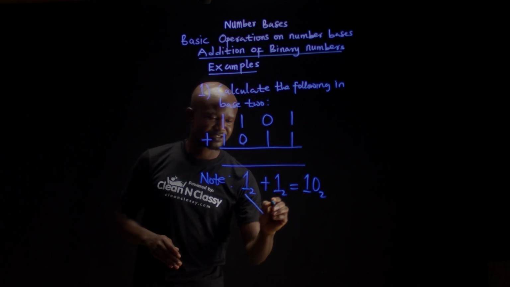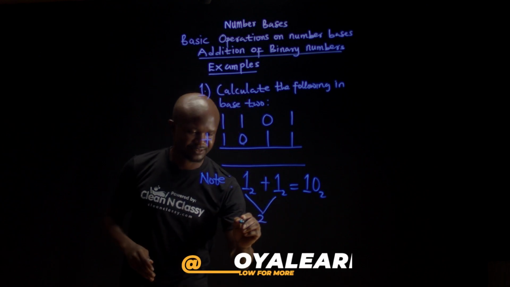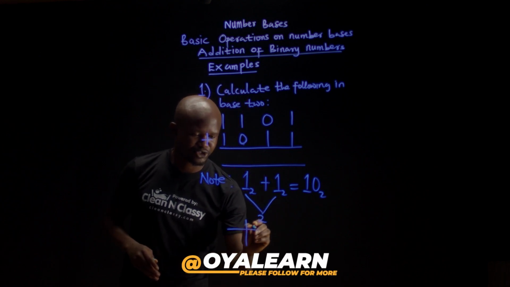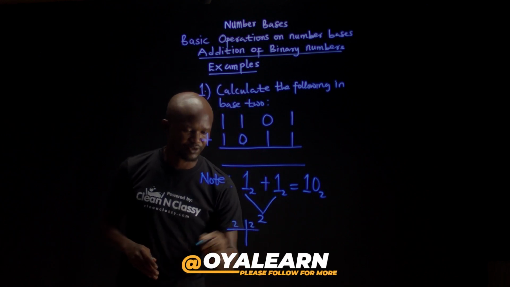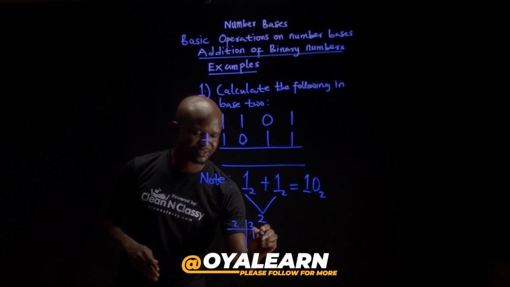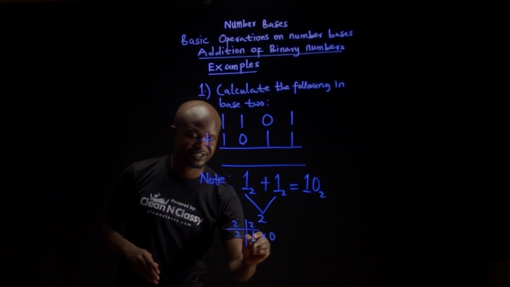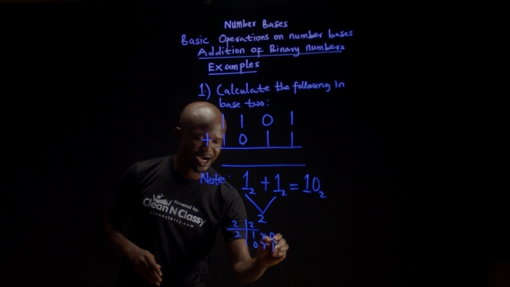This is 2. Now, if I convert back to base 2, let me convert. 2 divided by 2, what will I have? 1, remainder 0. Then if I divide by 2 again, it is 0, remainder 1.